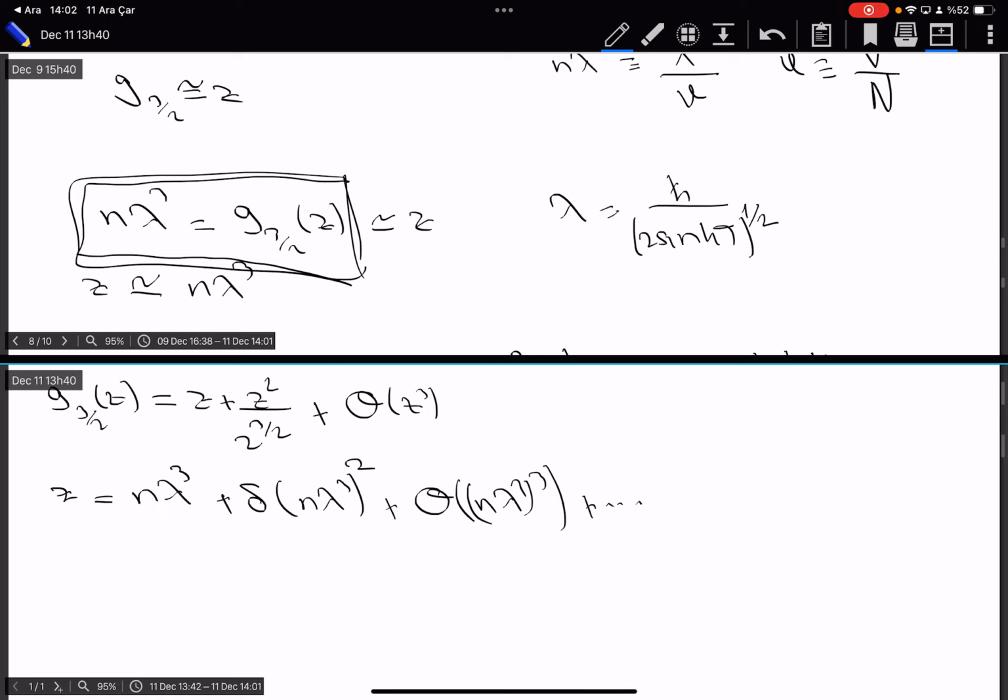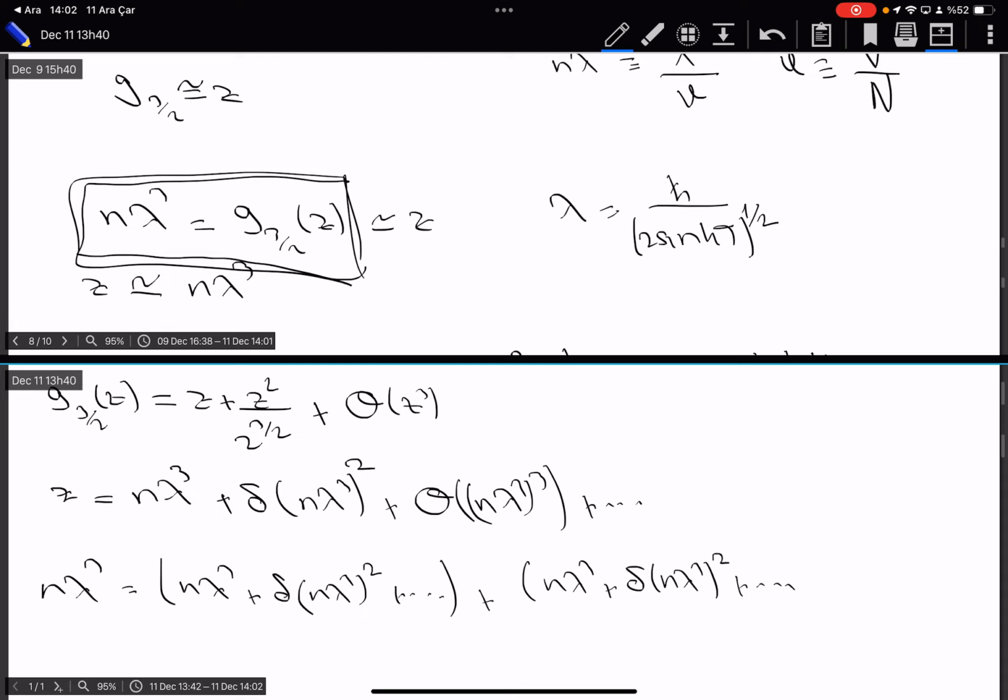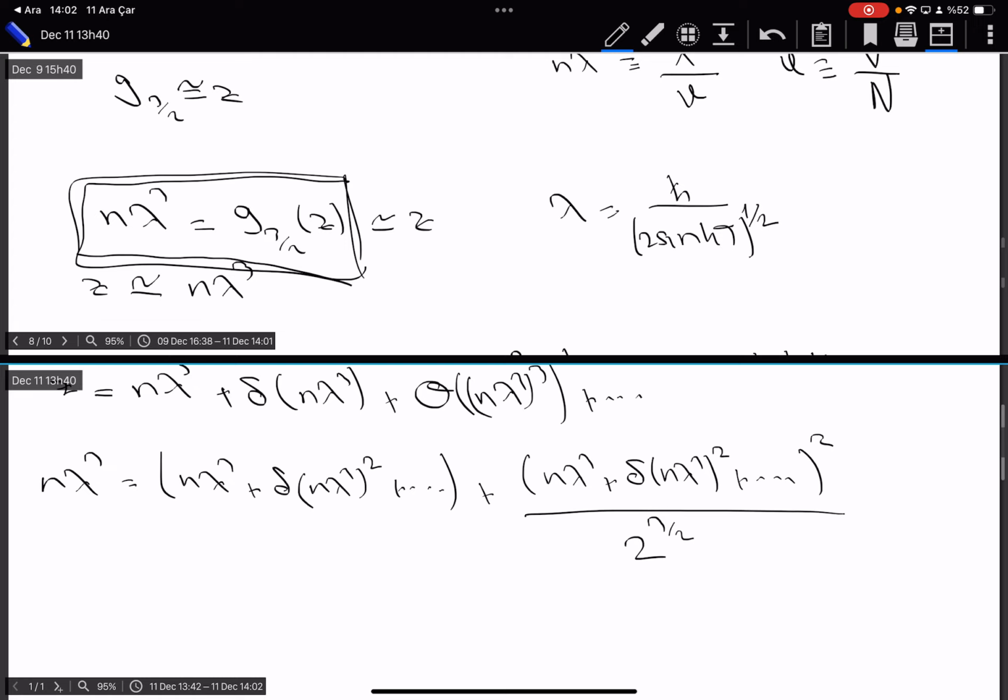using that equation. So n lambda cubed should be equal to n lambda cubed plus delta (n lambda cubed) squared, plus (n lambda cubed plus delta (n lambda cubed) squared plus the other terms) squared divided by 2 to the power 3 halves. And all those dots just represent terms of the order of (n lambda cubed) cubed. Well, this is n lambda cubed plus (n lambda cubed) squared.